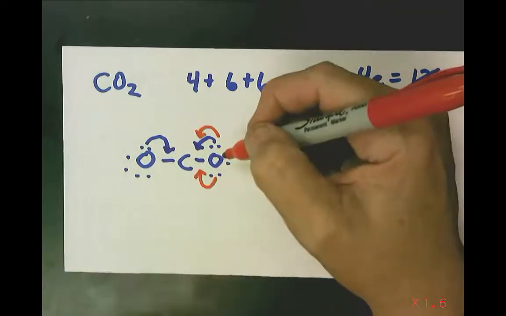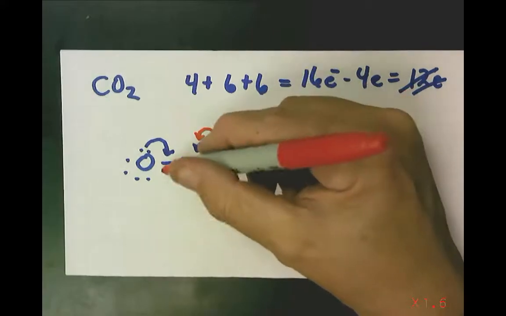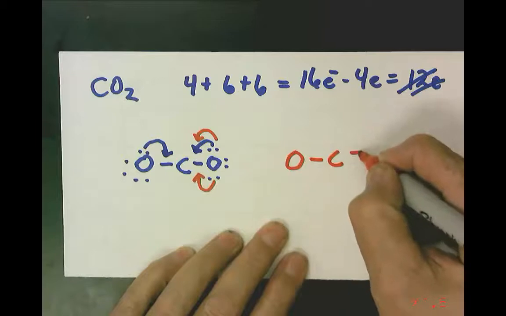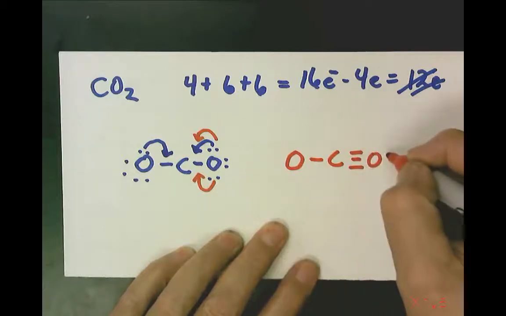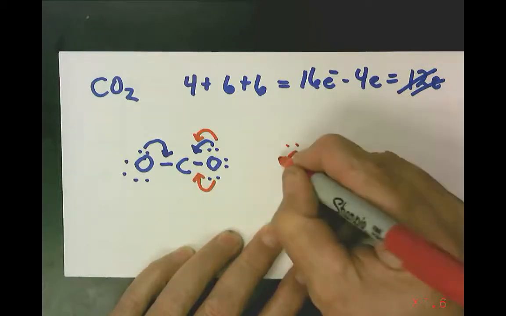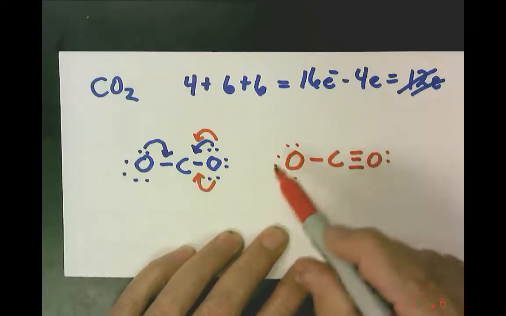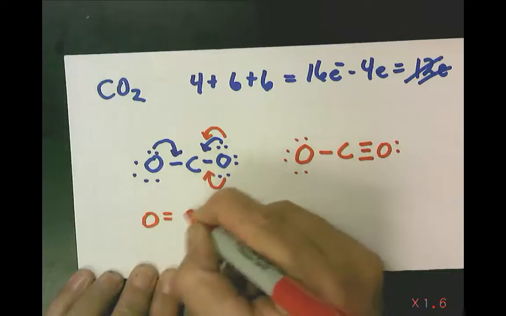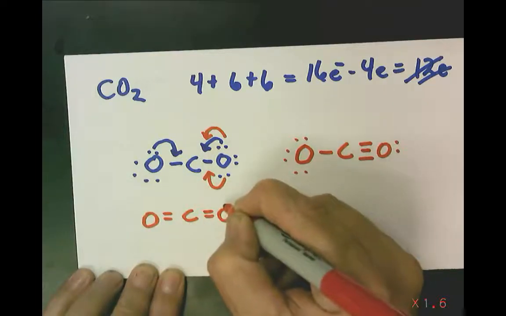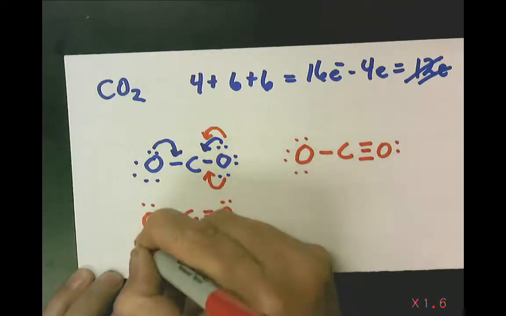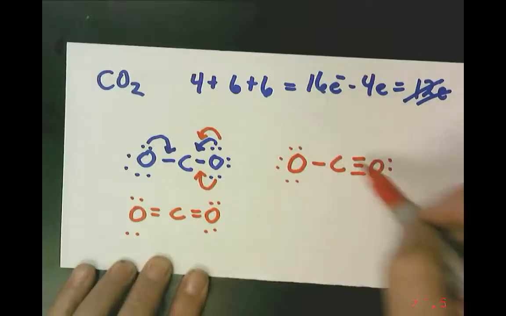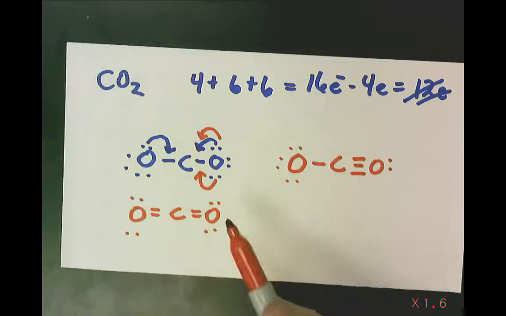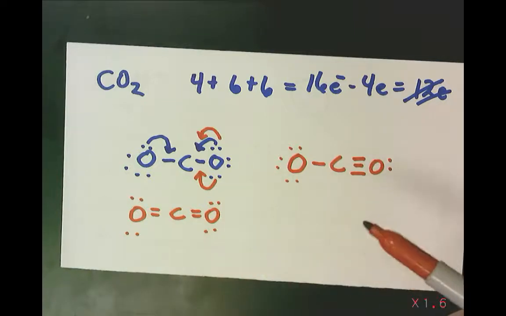So we end up with a single bond and a triple bond, so we could have something like this. Okay, we still have all 16 electrons. Or we could have something like this. Okay, both completely different structures, both drawn correctly.